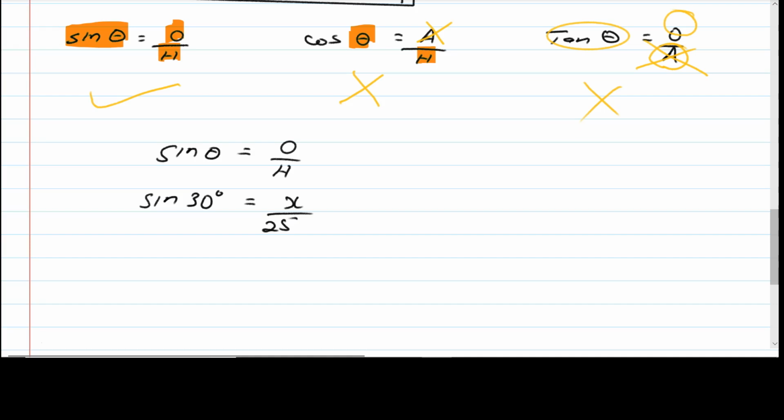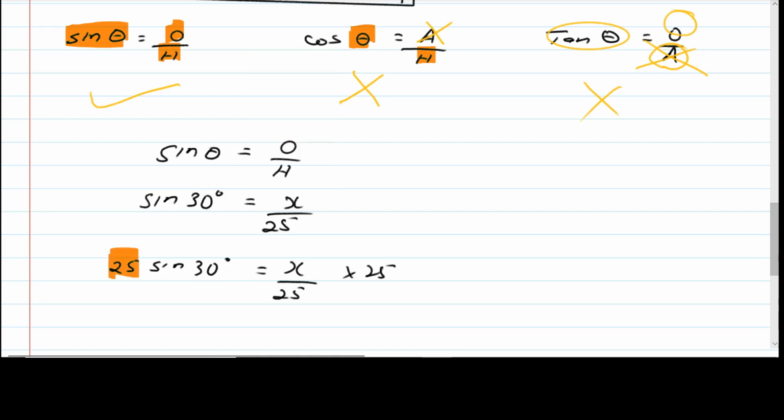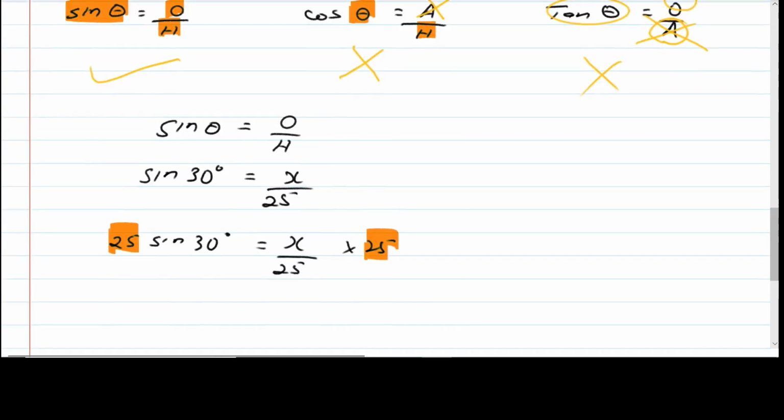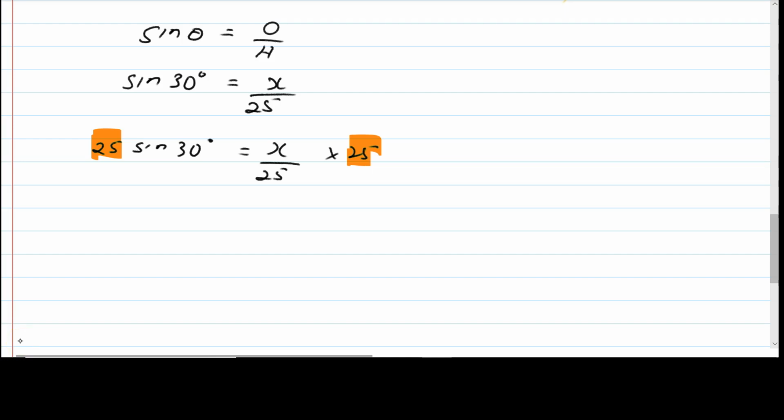So this is going to become 25 sine 30 degrees is equal to x over 25 times 25. Remember, I said that I need to multiply that side and that side by 25. When you do that, you will notice that the 25 cancels, and you're left with x is equal to 25 sine of 30 degrees.